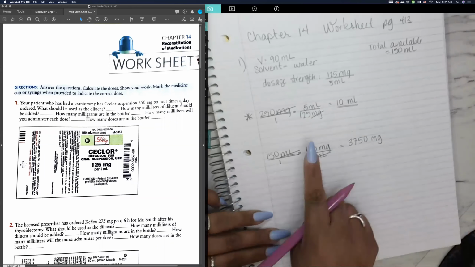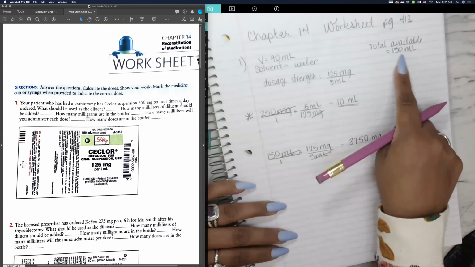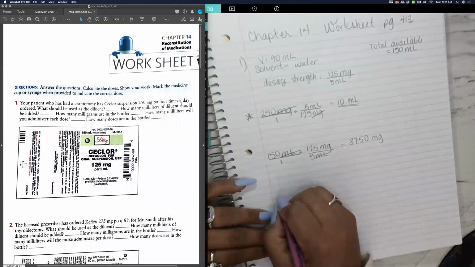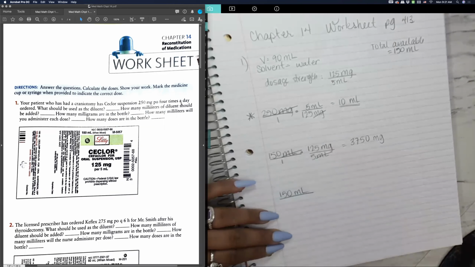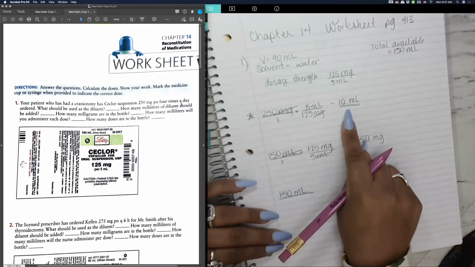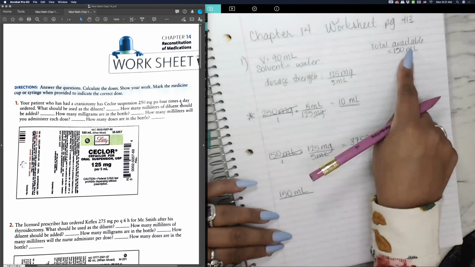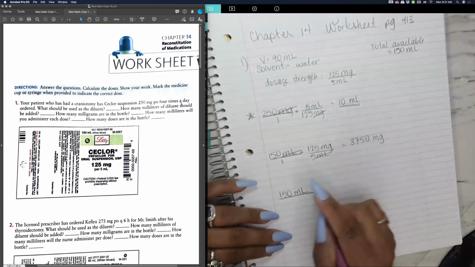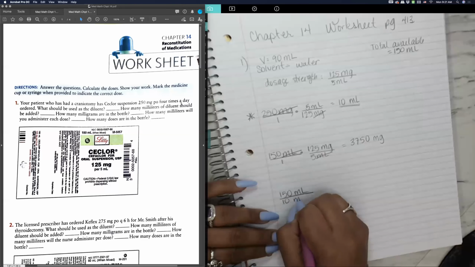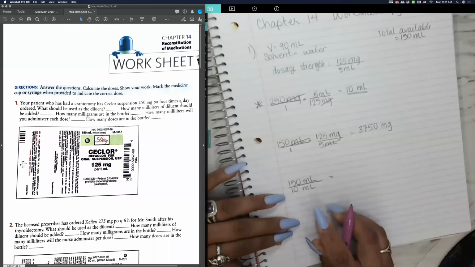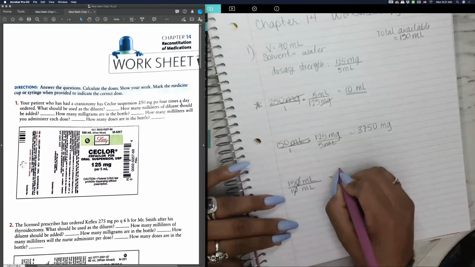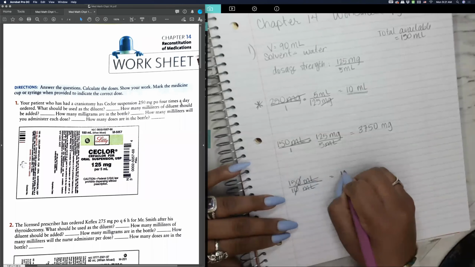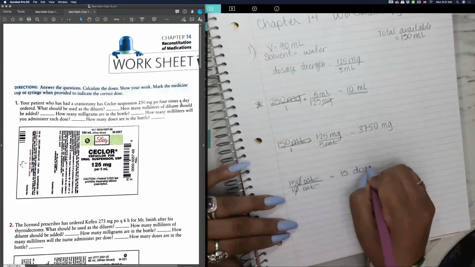We take the total amount available, 150 milliliters, and divide it by the dose administered. So 150 divided by 10 gives me 15 doses available.